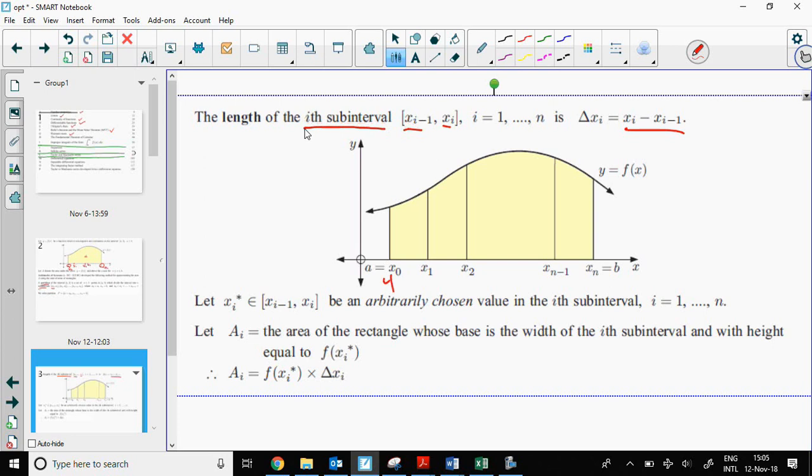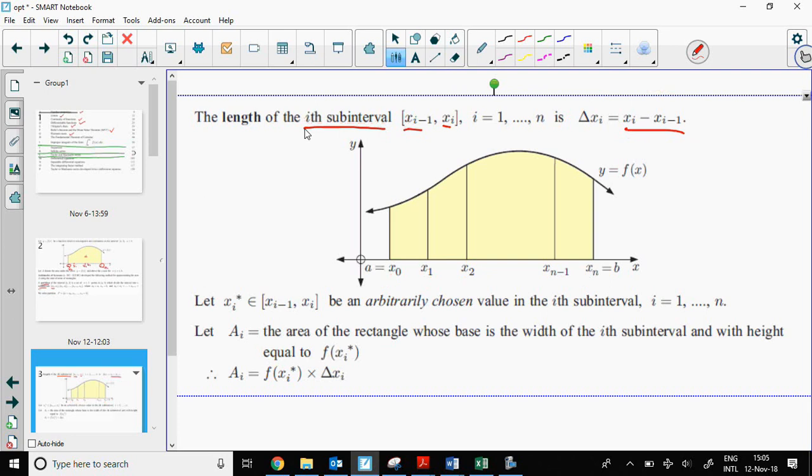If I was looking at the area from 4 to, I don't know, 9, and maybe x sub 1 is 5 and x sub 2 is 6.5, what's the length of that subinterval? It's 1.5, right? Because I did x sub 2, 6.5, minus x sub 1, or 5. That's all that's saying up there. But we're going to keep it general here, so no numbers.